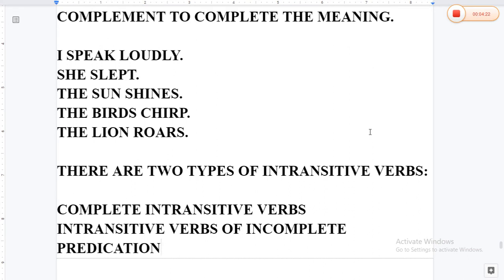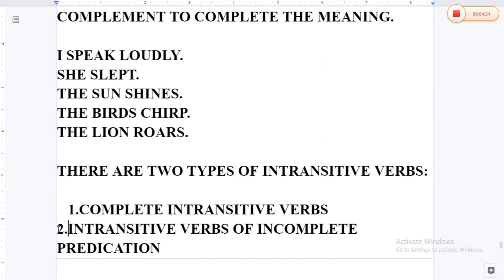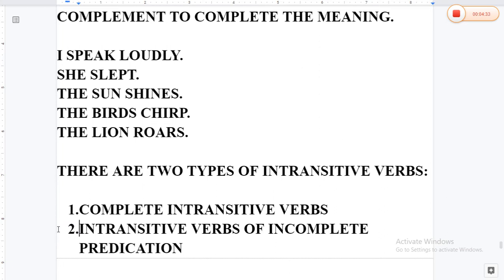The first one is complete in themselves, and the second one is where the meaning is not yet complete, and you have to add some word which is called a complement.